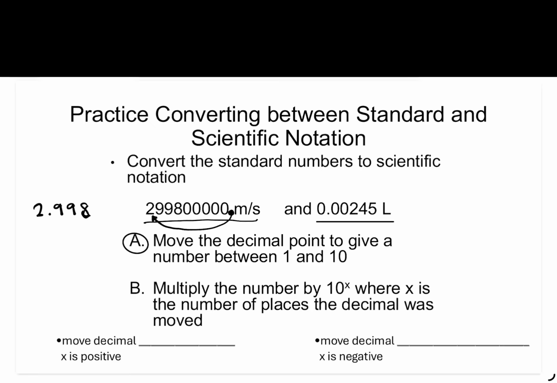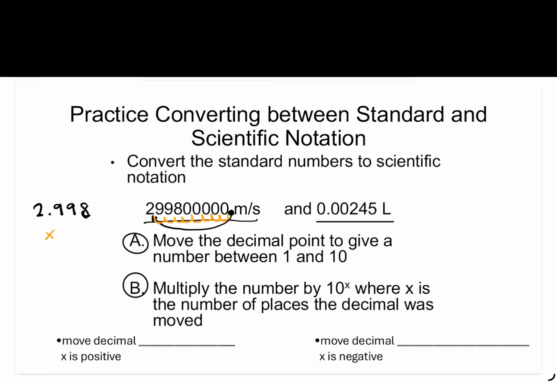Now 2.998 is very different from the original number, which is in the billions or maybe even trillions. So in order to keep the magnitude of the number, the next step, B, is to multiply the number by 10 to the x, where x is the number of places the decimal is moved. Let me count how many places it's moved: 1, 2, 3, 4, 5, 6, 7, 8.